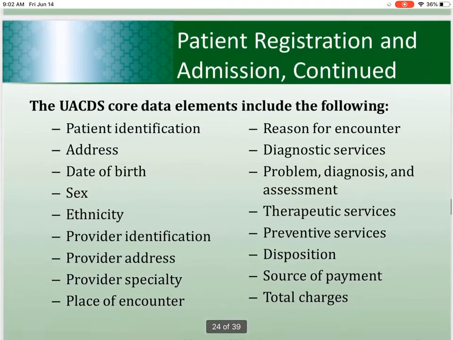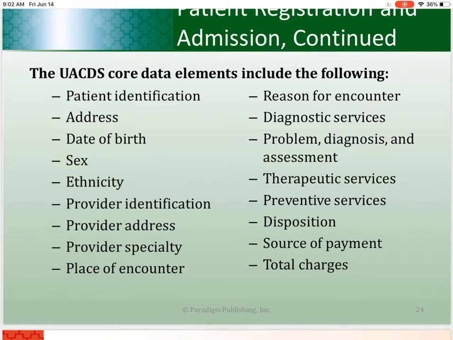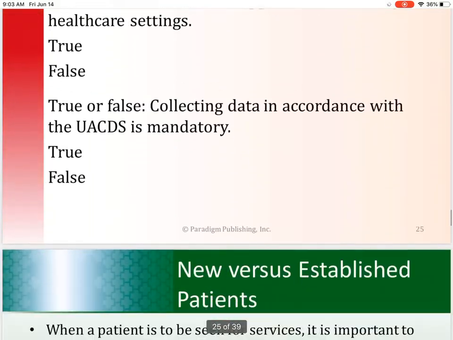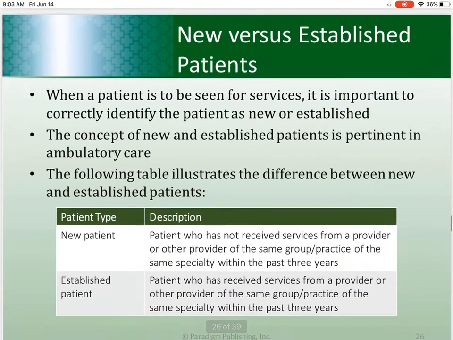Now, some of these data elements include patient identification, address, date of birth, sex, ethnicity, provider identification, provider address, provider specialty, place of encounter, reason for encounter, diagnostic services, problem, diagnoses and assessment, therapeutic services, preventative services, disposition, source of payment, and total charges.